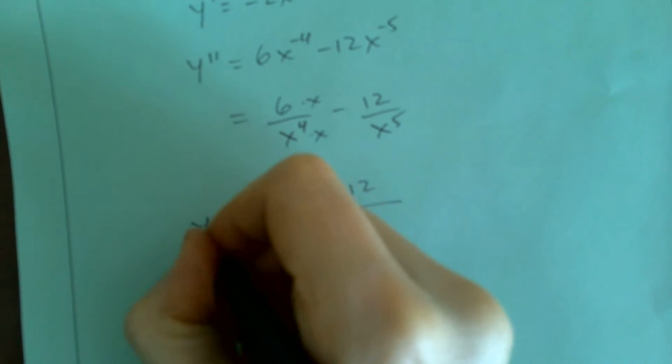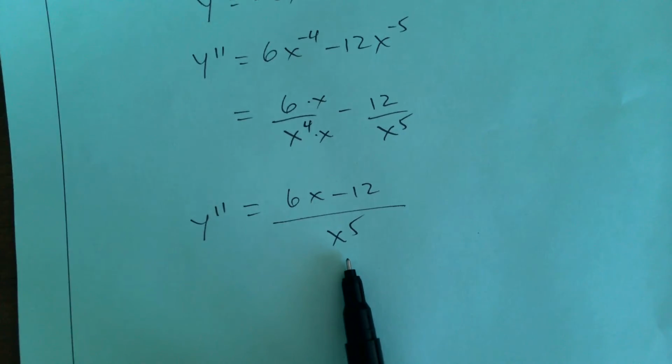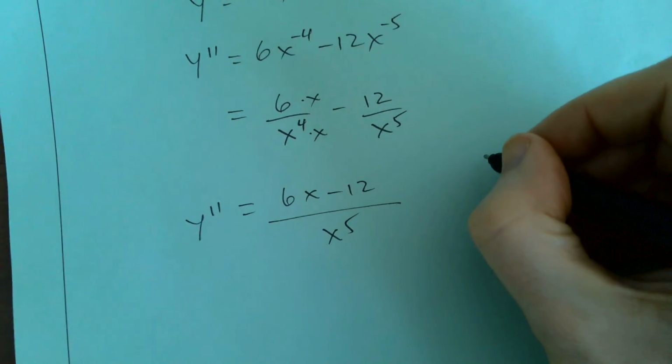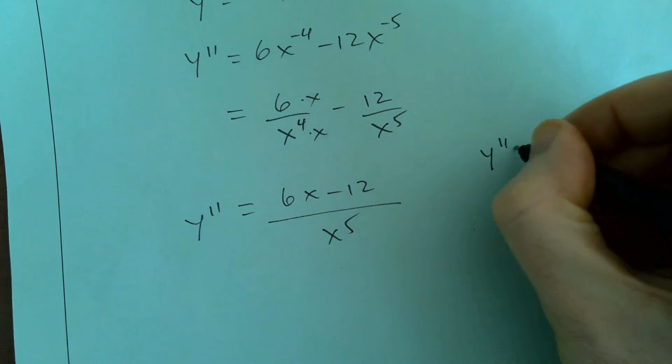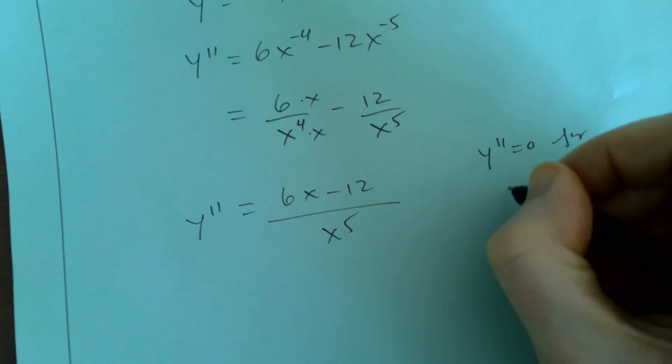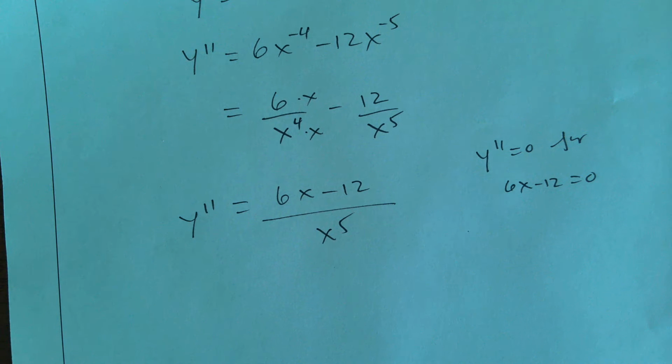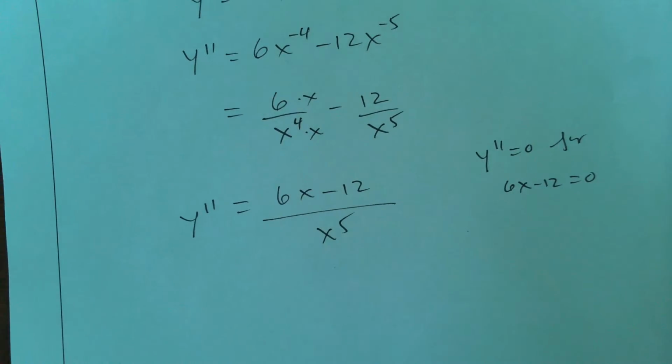Okay, so critical numbers, this is the second derivative. The critical numbers that we're going to put on the number line are where this is 0 or undefined. So y double prime equals 0 when the whole fraction equals 0, which is when the numerator equals 0. If you imagine setting this equal to 0 and cross multiplying, it's just the numerator that you care about.